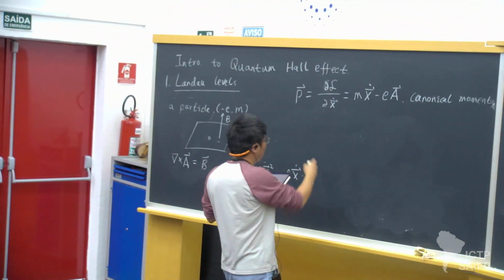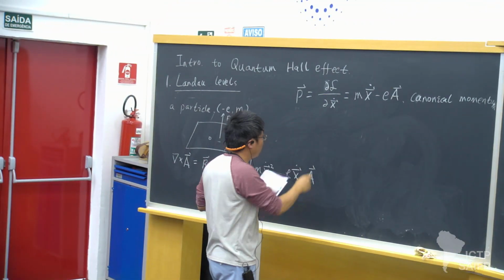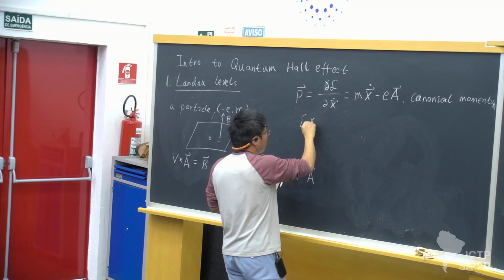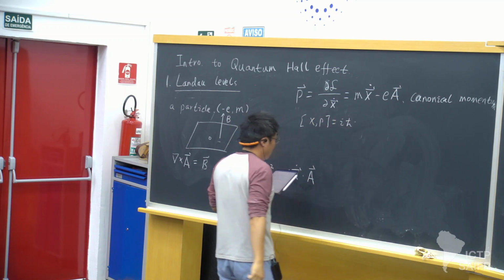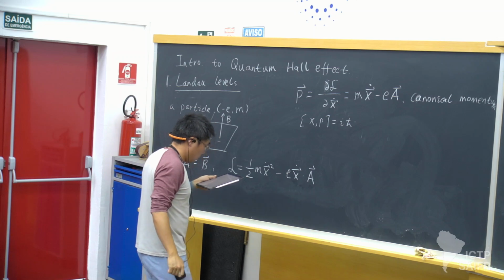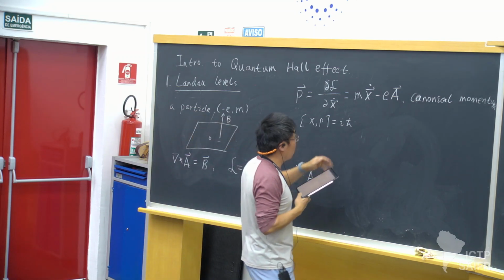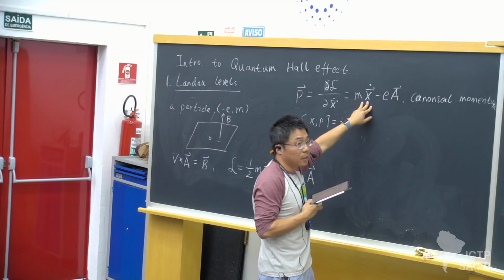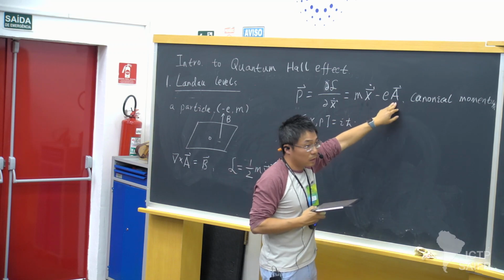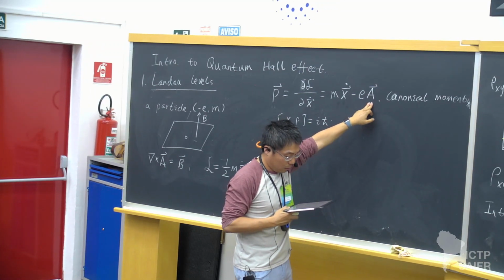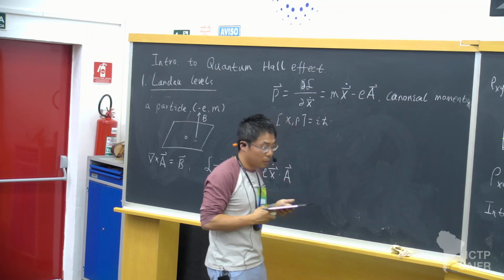And that's the observable that has this relation, right? And one thing you can say is that this canonical momentum now becomes gauge non-invariant, right? Because it has this vector potential term.